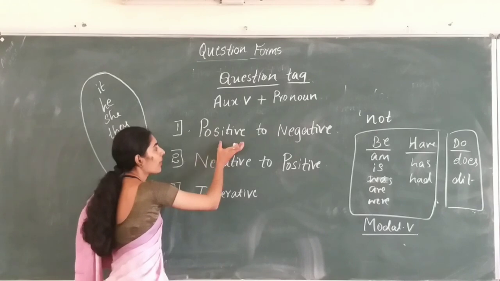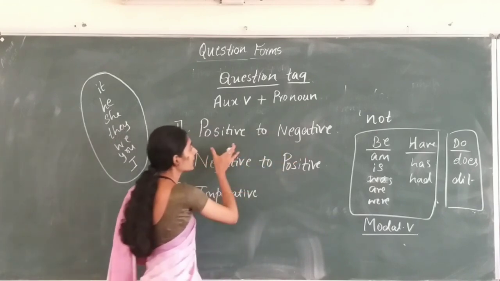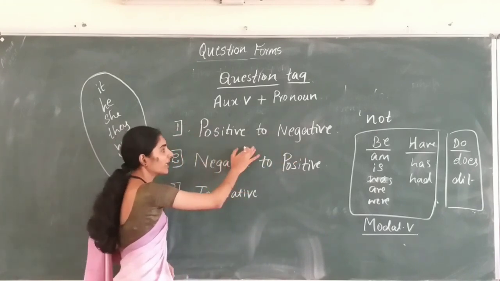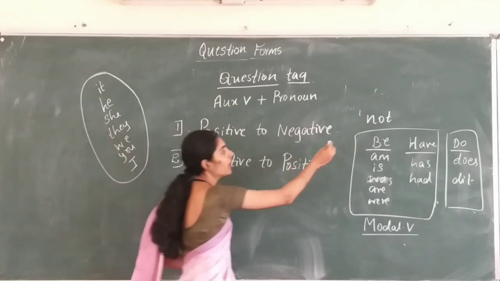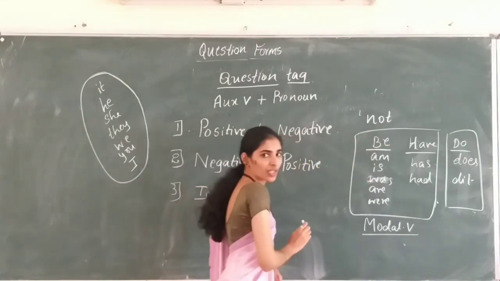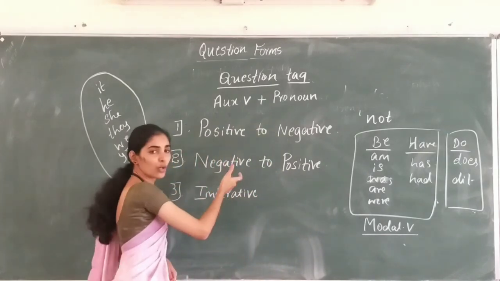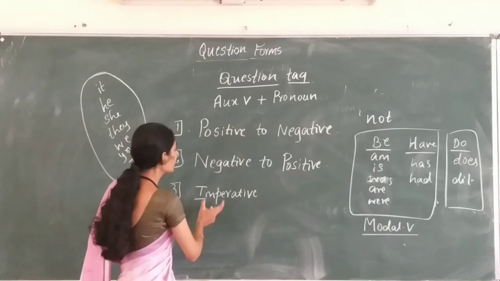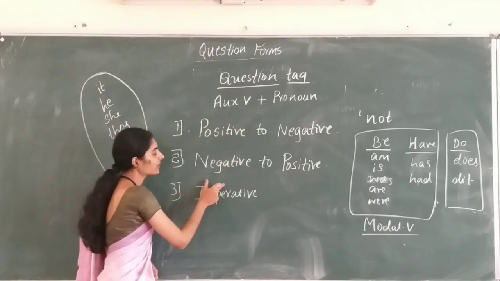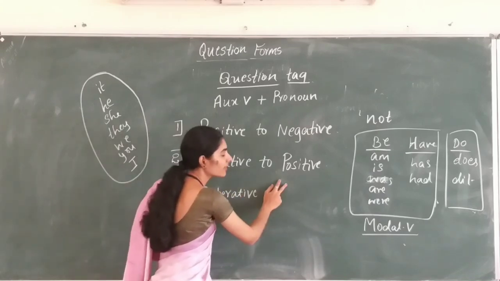Now let's look at this one. What did I say? Positive to negative, which means if the sentence is positive, then the tag must be negative. So in the tag we have to add not to the helping verb, for example, isn't. Now the next one, negative to positive.